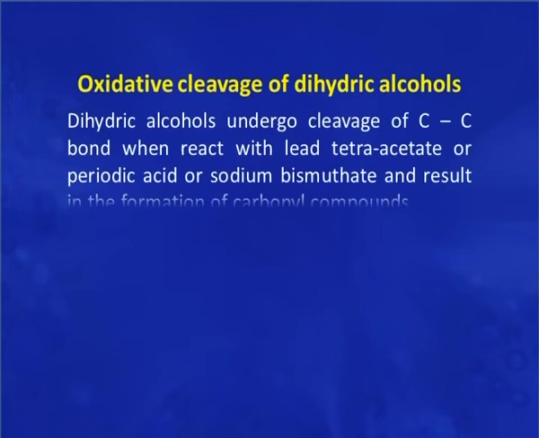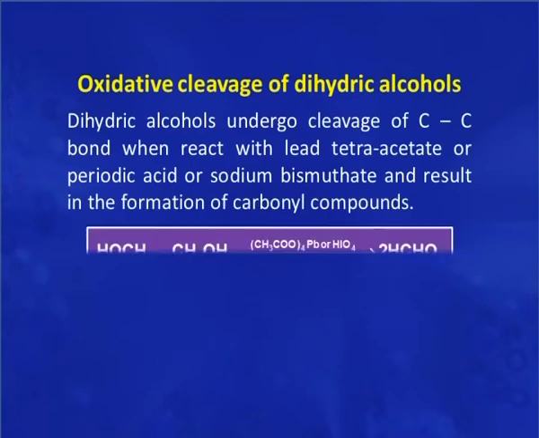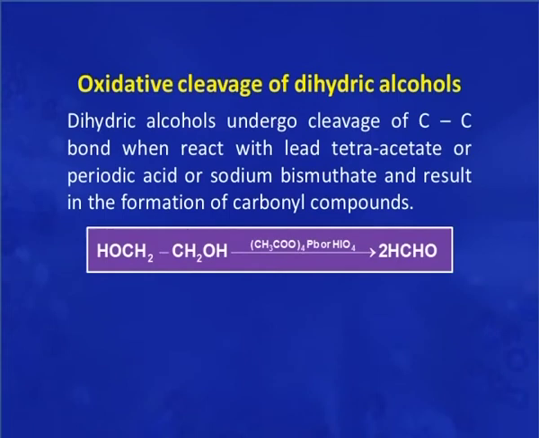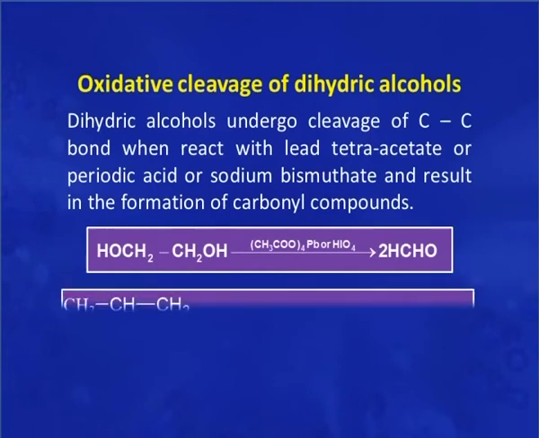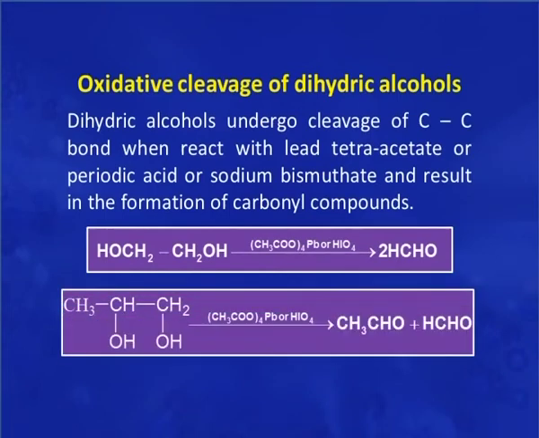Now, we will discuss oxidative cleavage of dihydric alcohols. When the carbon-carbon bond between the two hydroxy groups of a dihydric alcohol is broken because of oxidation, the process is called oxidative cleavage. This oxidative cleavage is possible with the help of lead tetraacetate or periodic acid or sodium bismuthate.